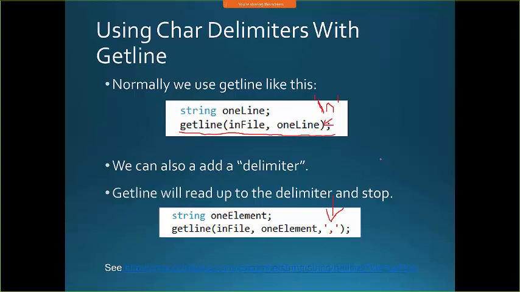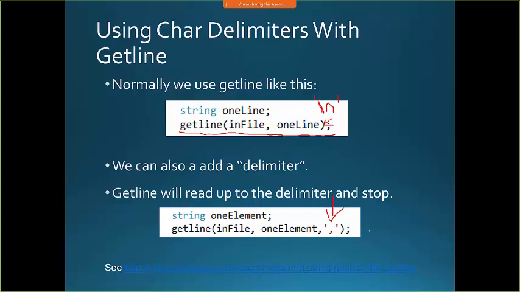So what you're going to use that for is, rather than reading all the way to the end of the line, you're going to read to each comma, and then you're going to process each one. So what we did there is we had a loop that was still for each line, but we consumed every single comma delimited value element in the line.